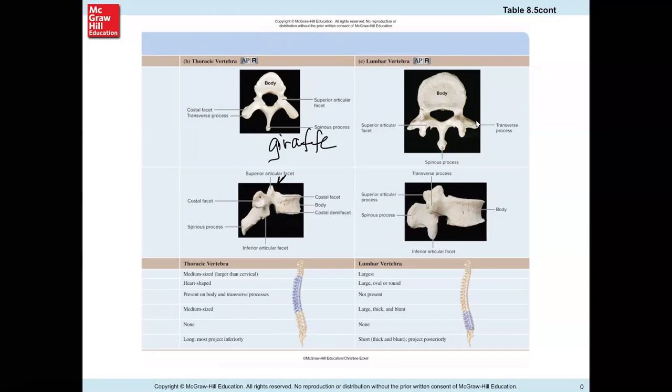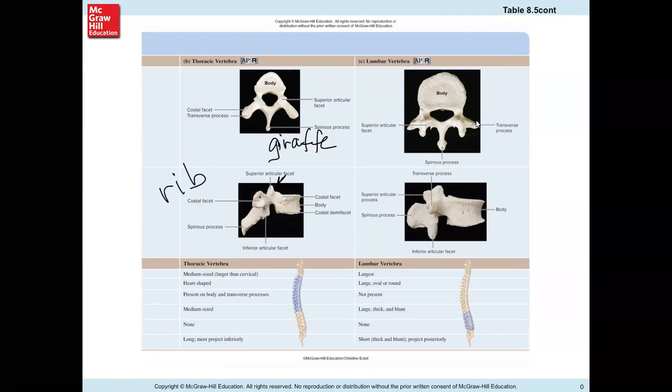Okay, so if you look at it from the top, this is the front of the body, so they turned it around on us. Okay, so here's the superior articular facet. Here's a transverse process, so they're going to articulate with the ribs. Okay, costal facets, where costal is rib.